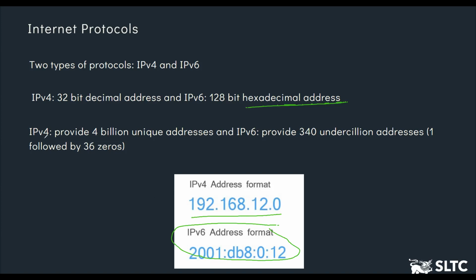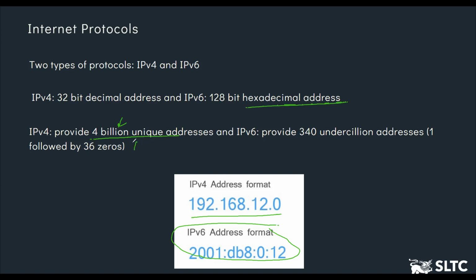IPv4 is an addressing scheme which can only provide 4 billion unique addresses, right? When it was very early in history, that was enough. But now it's not enough to uniquely identify each of the devices in the world, because there are many devices in the world.